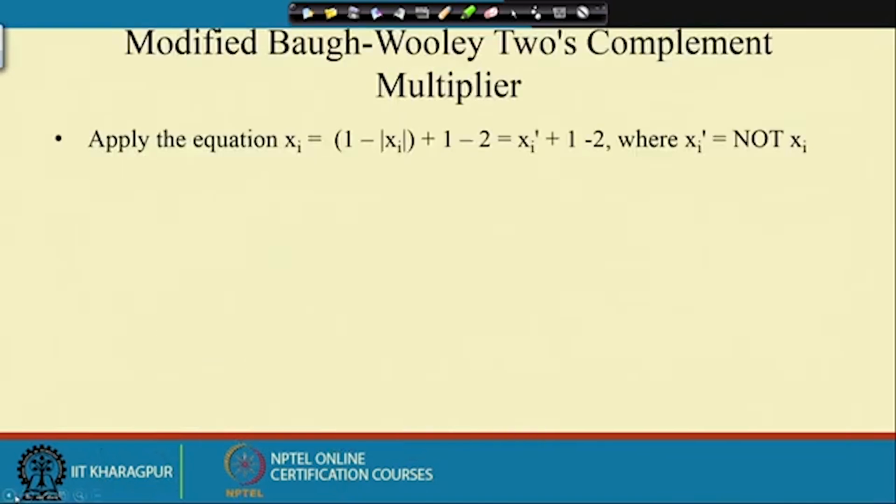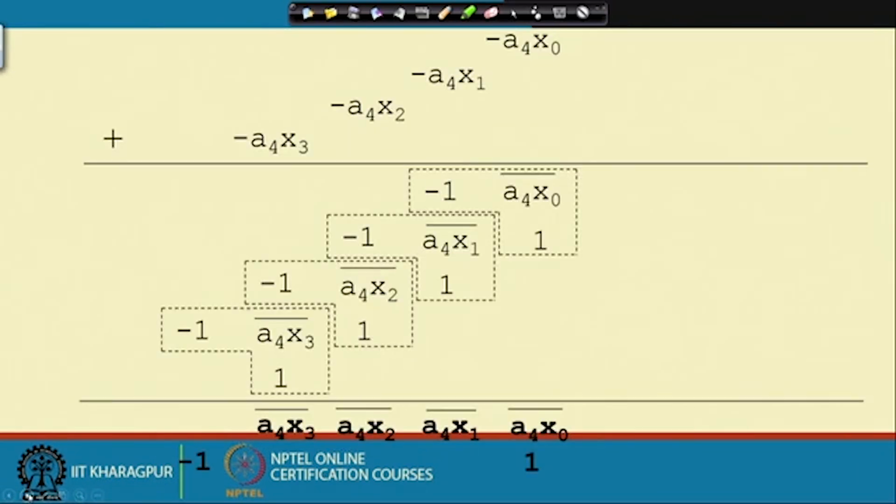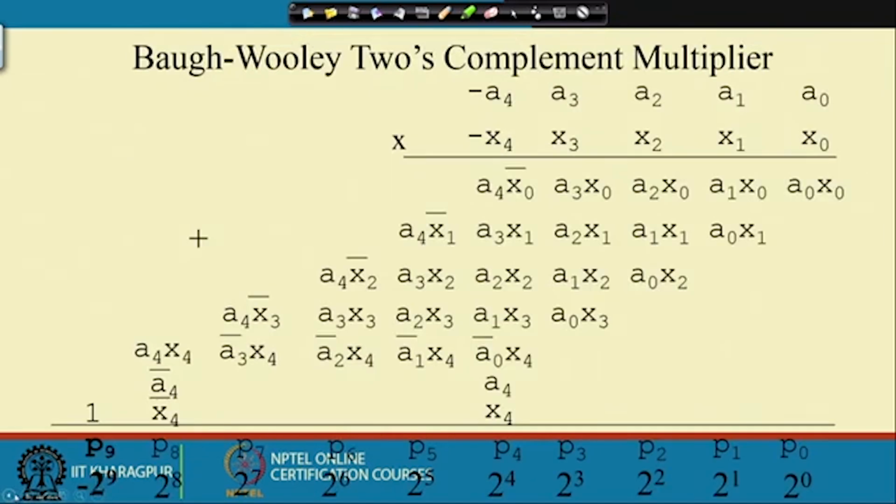Here you see, that is minus 2 to the power 9, as I am getting 1 over here. So, this position will give me minus 2 to the power 9. Okay. So, this is the principle of operation of the Baugh-Wooley two's complement multiplier architecture.